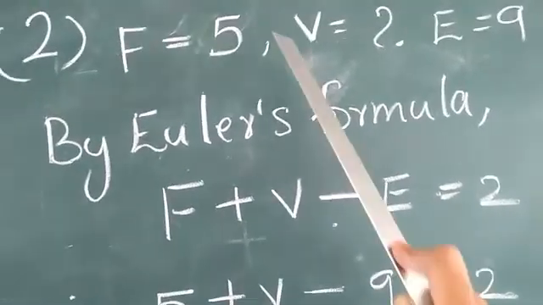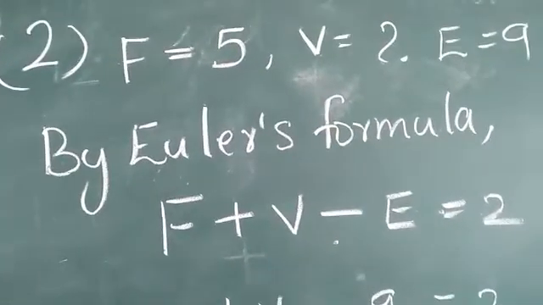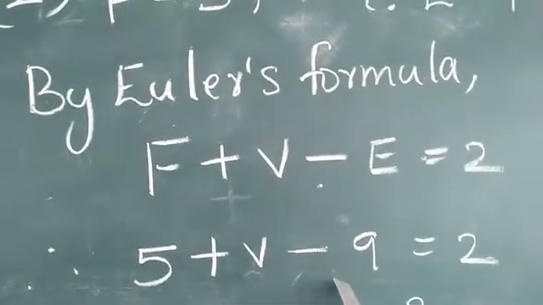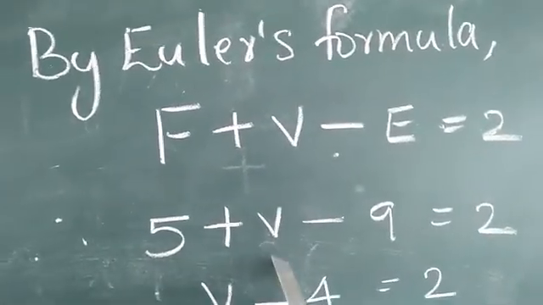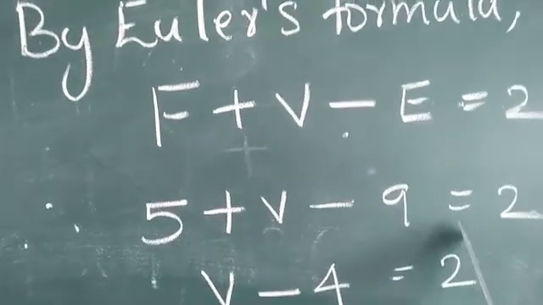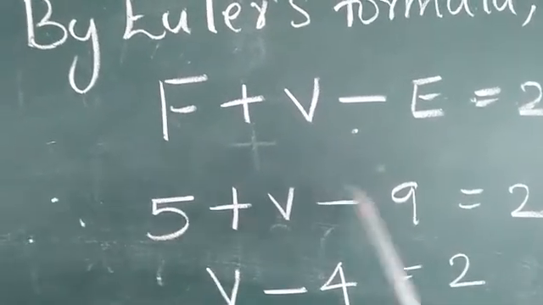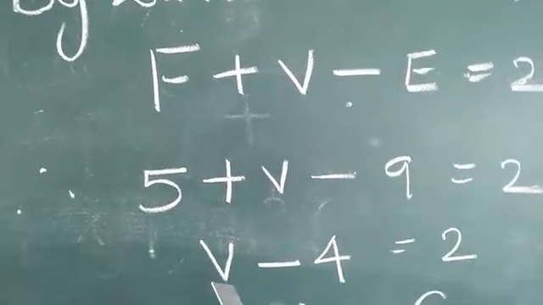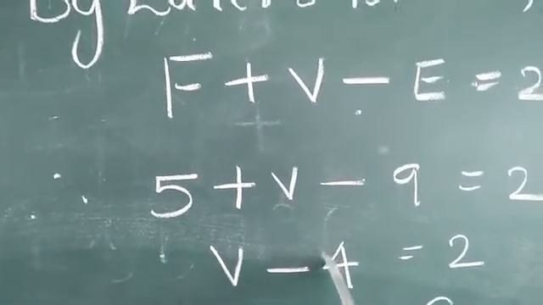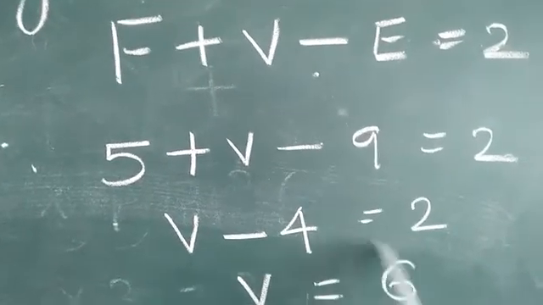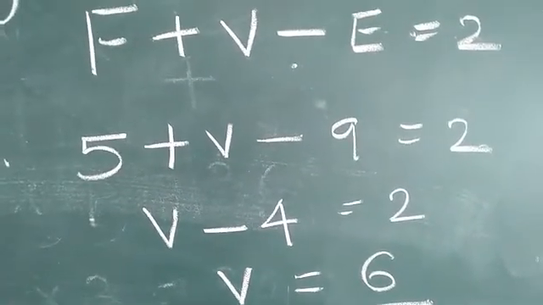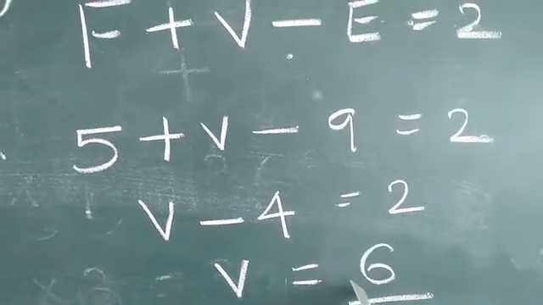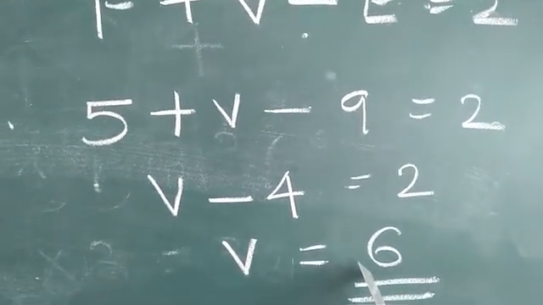F is 5 in the question, V unknown, minus E is 9. So, 5 plus V minus 9 is equal to 2. 5 minus 9, negative 4. Therefore, V minus 4 is equal to 2. V is equal to 2 plus 4, transposing here, we will get 6. Okay.